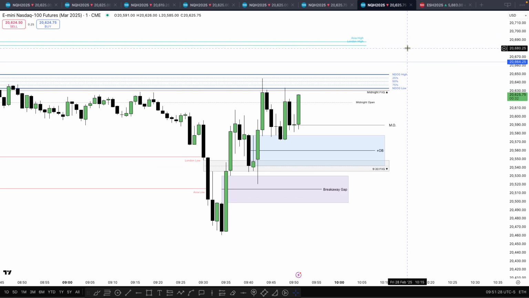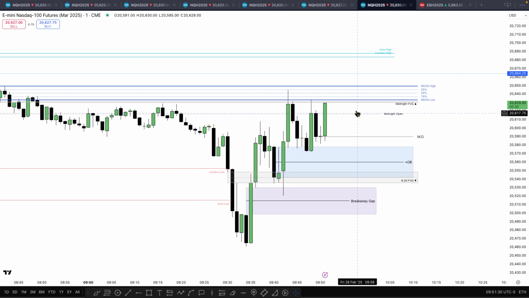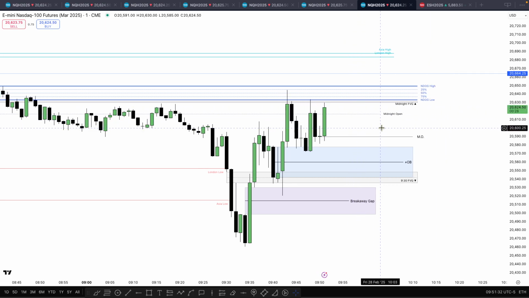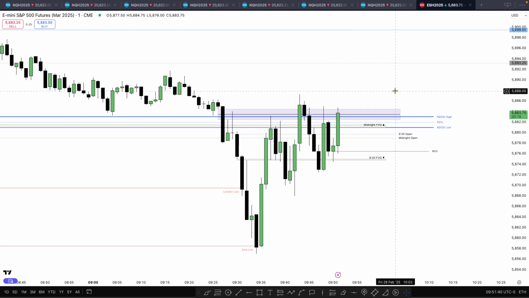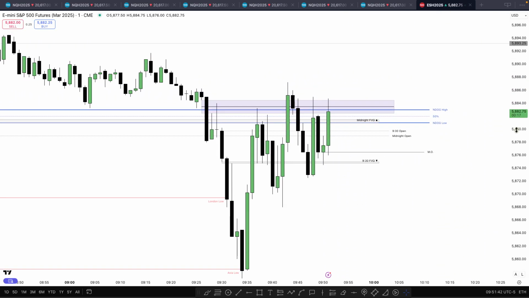Trying to get back up to new day opening gap. ES as well here. Work that small 930 fair value gap right at the start of the macro.